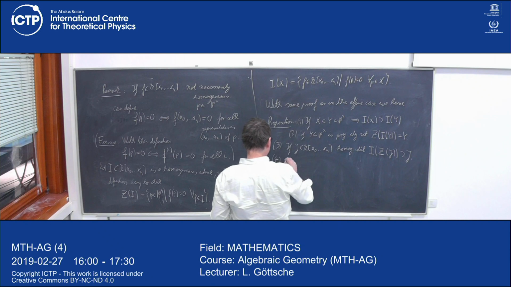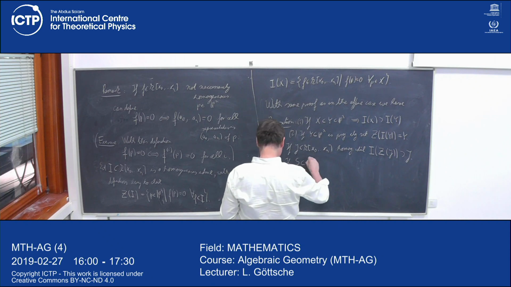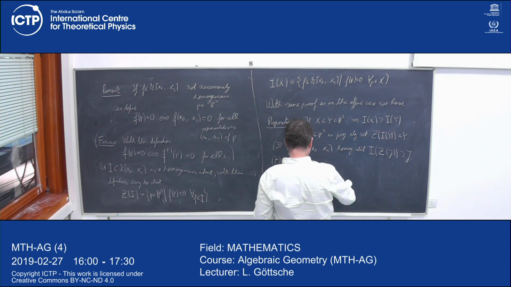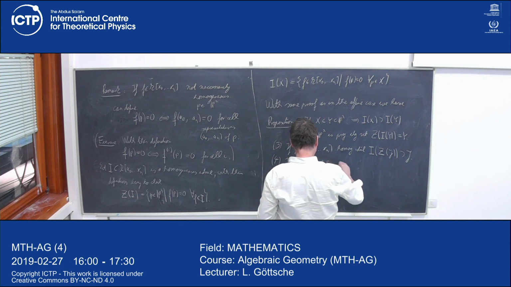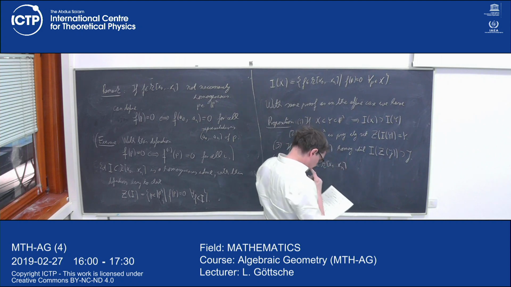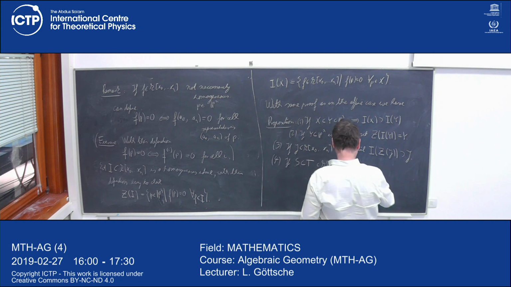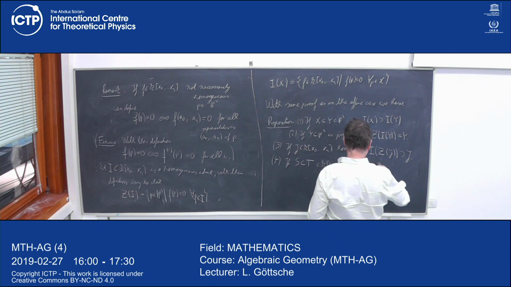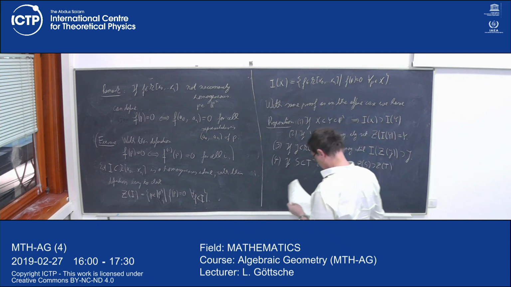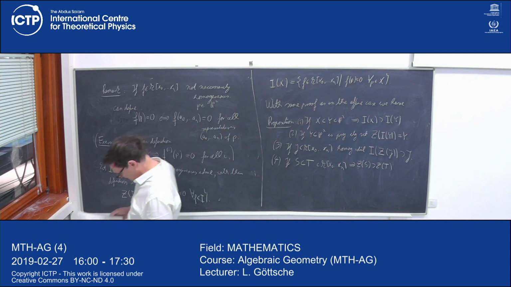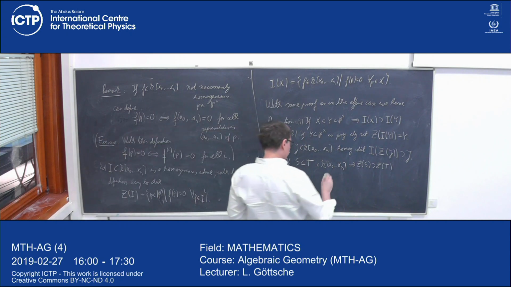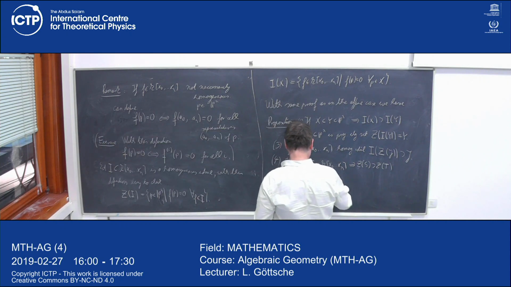In the same way, if S is contained in T, then it follows that the zero set of S contains the zero set of T, where I assume here maybe these are homogeneous polynomials.